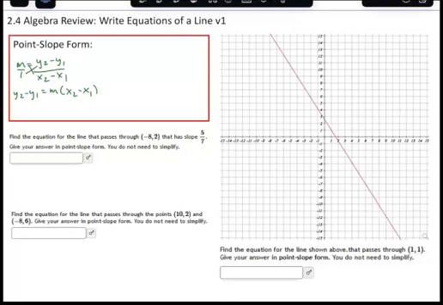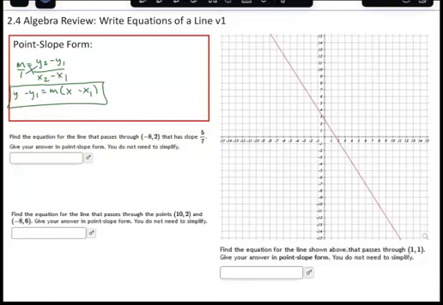If you then just remove the subscript, you get your point slope form. Point slope form is just a rewriting of the slope equation.